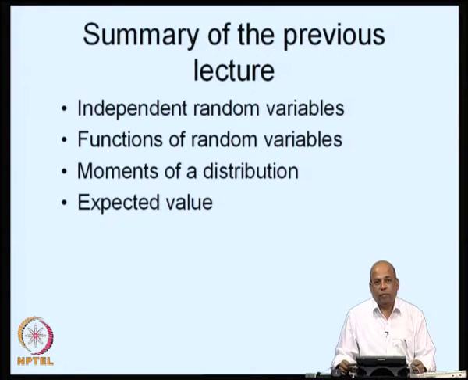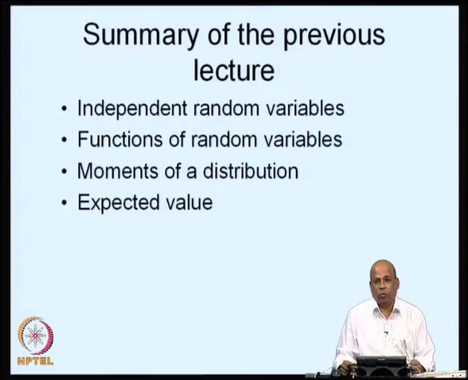Then we considered functions of random variables. Initially we introduced functions of a single random variable. Let us say y is equal to h of x is a function of a single random variable x. Then we introduced how to estimate the PDF of y given the PDF of x.